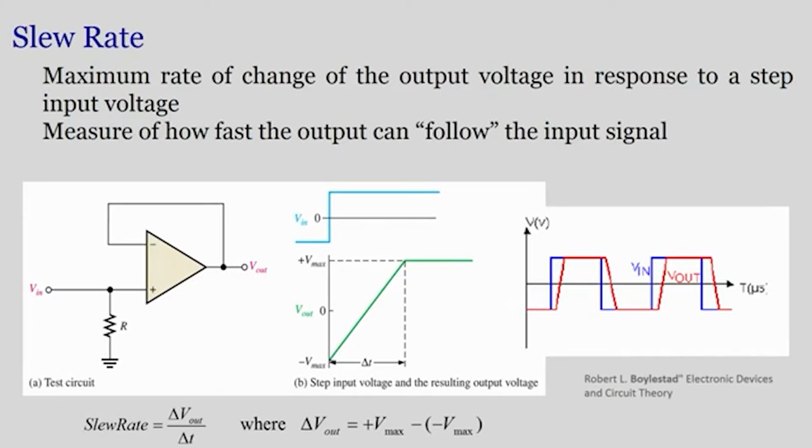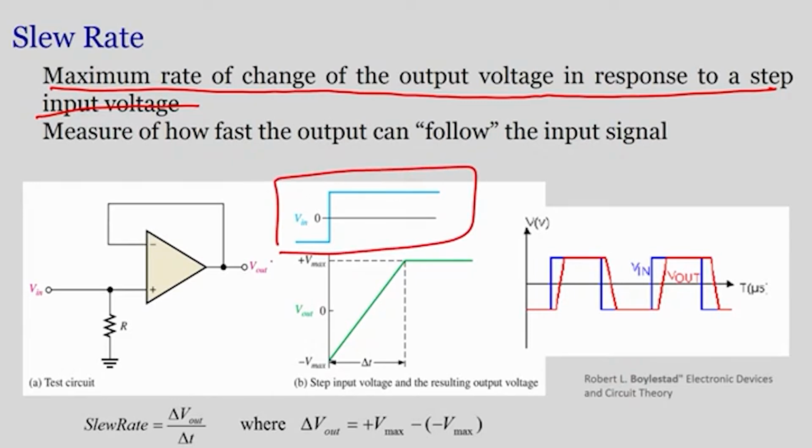Given on the screen: the maximum rate of change of the output voltage in response to a step input voltage. If I apply a step input voltage, what is the maximum change in the output voltage?